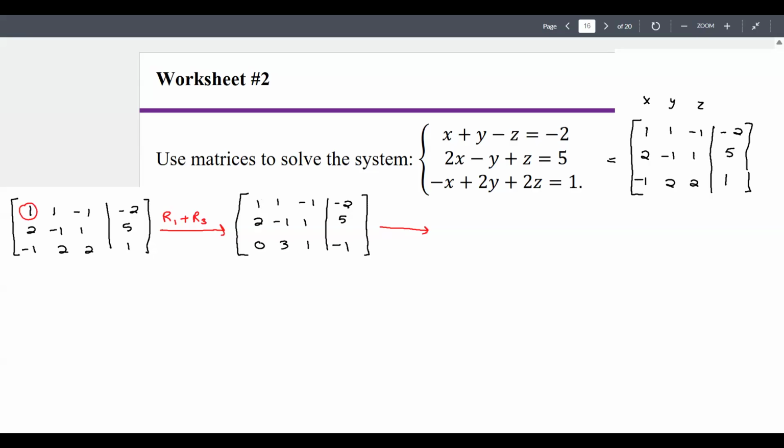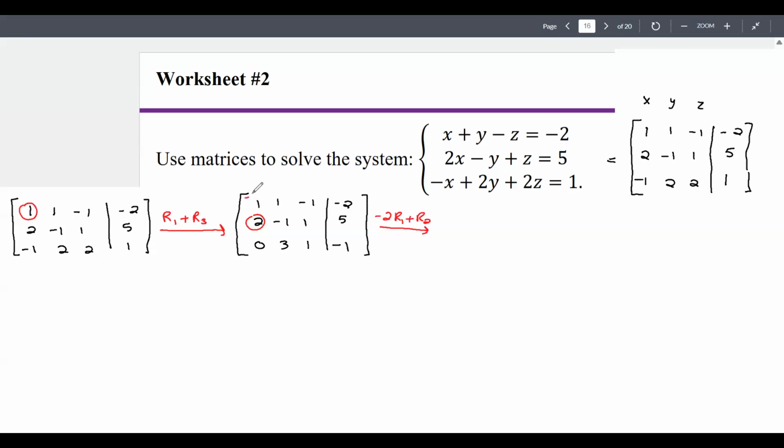Okay, so I got 0 below my 1. I just need another 0. So I need to get rid of this 2 here. What I can do is go -2 R1 plus R2.